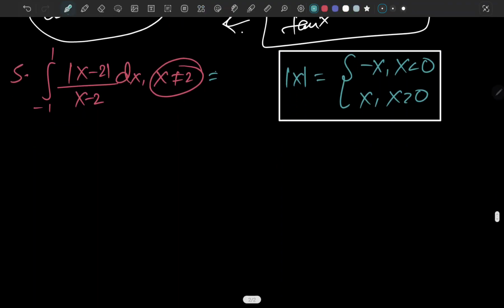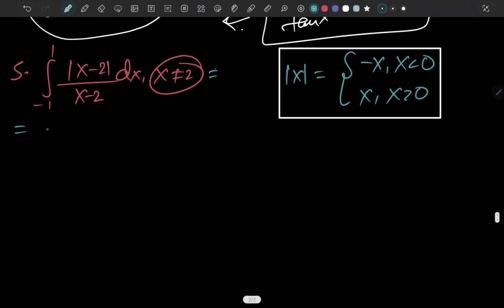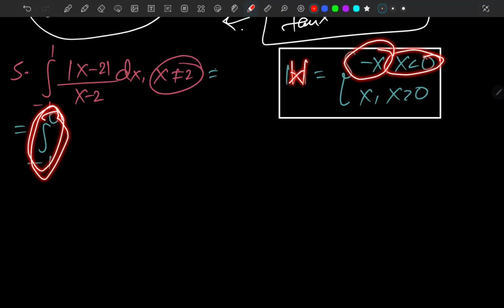So again, I'm just breaking up this integral from negative 1 to 0, where the absolute value of x in the negative part is negative x.